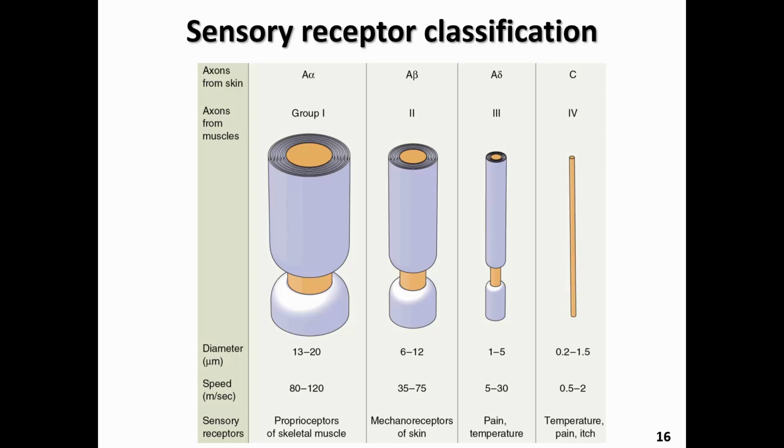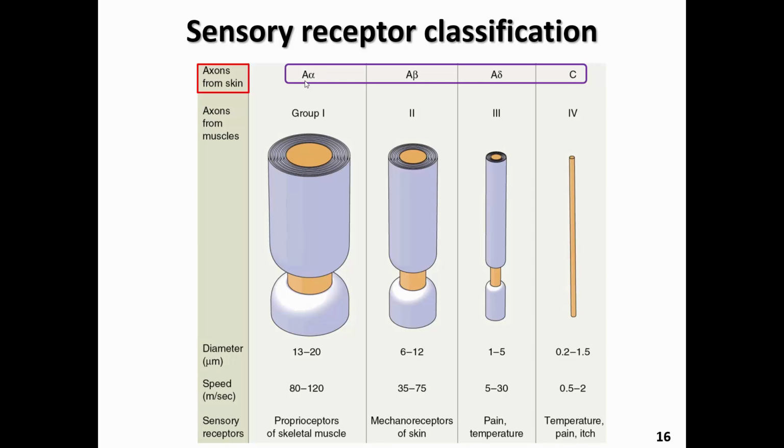In terms of classifying sensory receptors, this chart summarizes that information coming primarily from skin as well as muscles. But depending upon the original tissue, whether it's skin or muscles, there is a unique classification system for these sensory receptors. When it comes to skin, we use a combination of uppercase English letters and lowercase Greek letters.